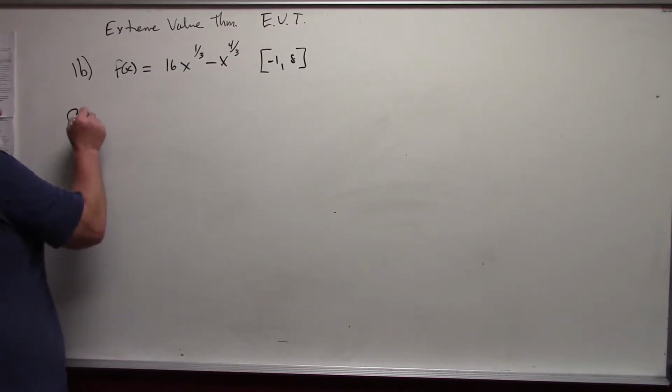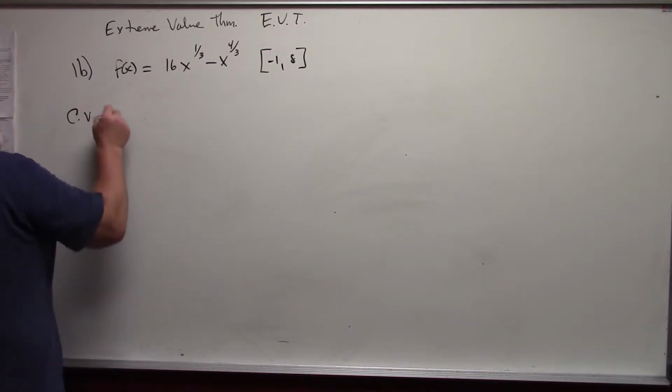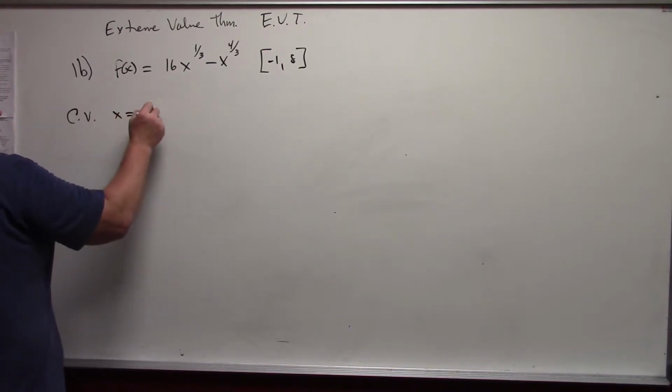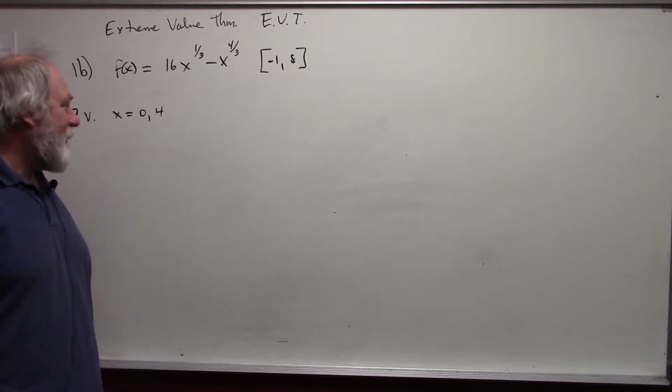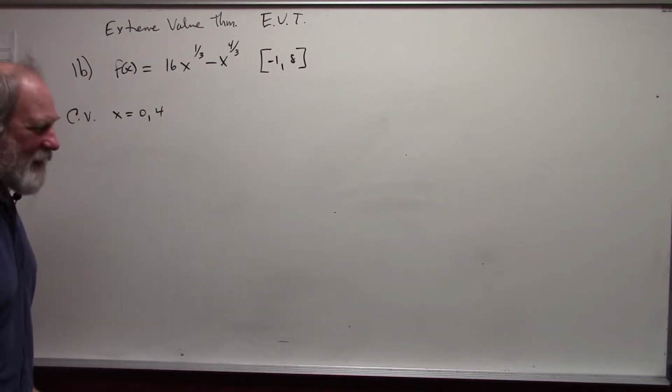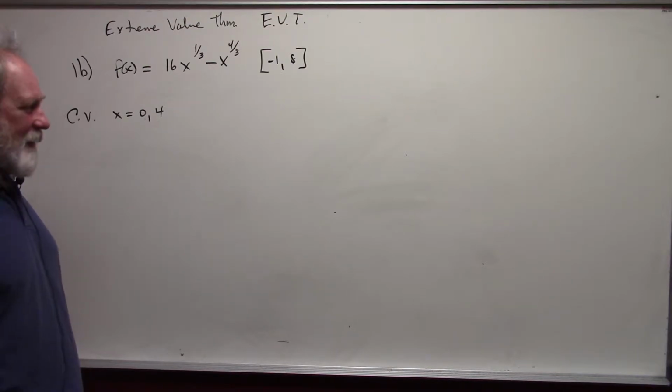Remember my critical values that we found previously were x equals 0 and 4. To find the absolute max and min, all we need to do is compare functional values.